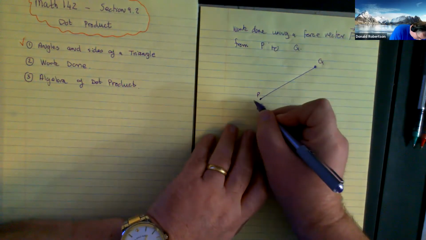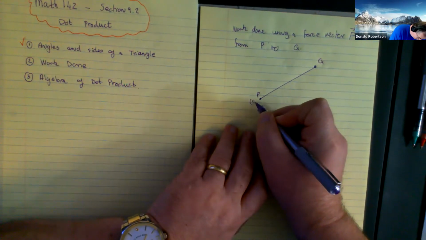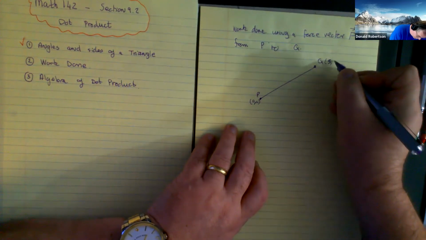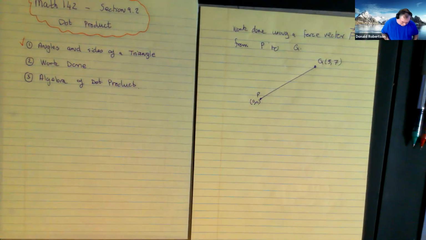And let's suppose P is the origin and Q is the point 5,7, just for argument's sake.